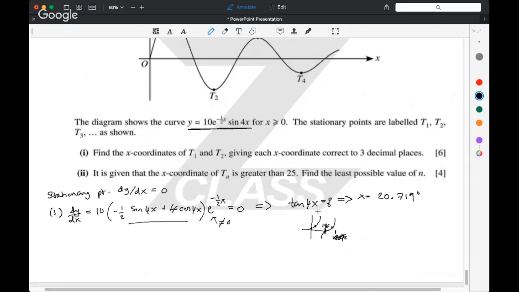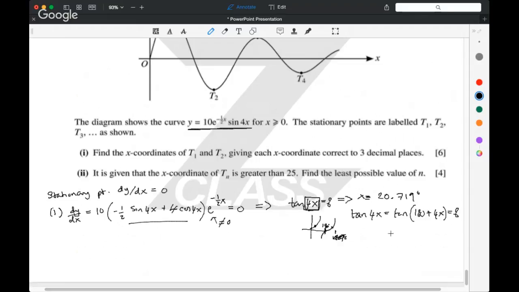Okay, this is difficult, but the thing we're looking at is 4x, not x. We're looking for x, but the thing that is periodic is the thing that is inside the tangent function, which is 4x. So we know that tan of 4x is equal to tan of (180 plus 4x), and these are both equal to 8.